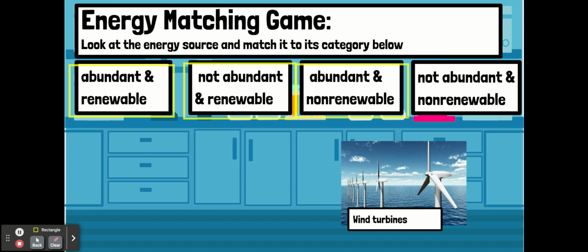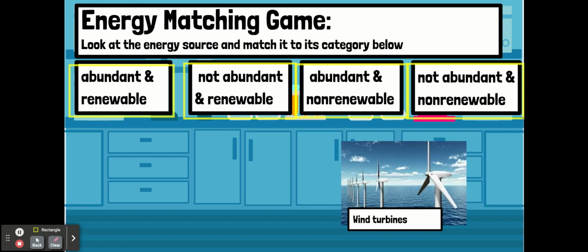You have to do something to create it, or you have to wait a really long time for more to be made. The last category is not abundant and non renewable. And that feels like it might not be the best option if we're thinking about new energy sources and a new energy plan.